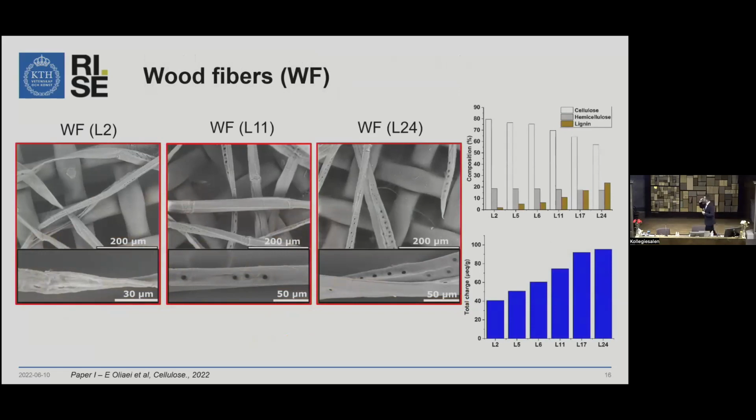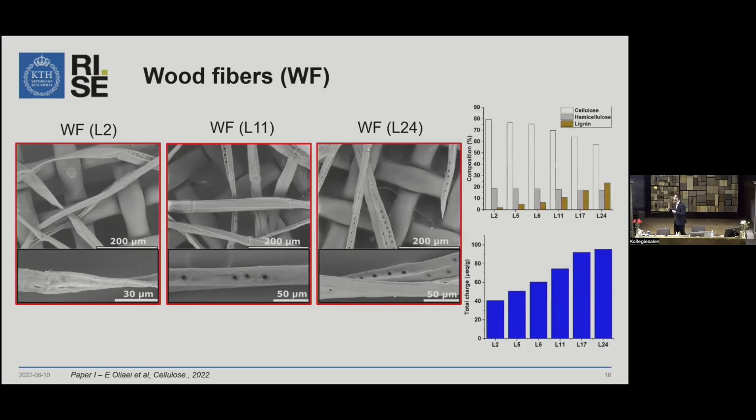In these images, you see a picture of some of the wood fibers with 2% residual lignin content, 11% and 24% residual lignin content. You can see in the wood fiber with low residual lignin content, the structure of the wood fibers is collapsed in some parts.